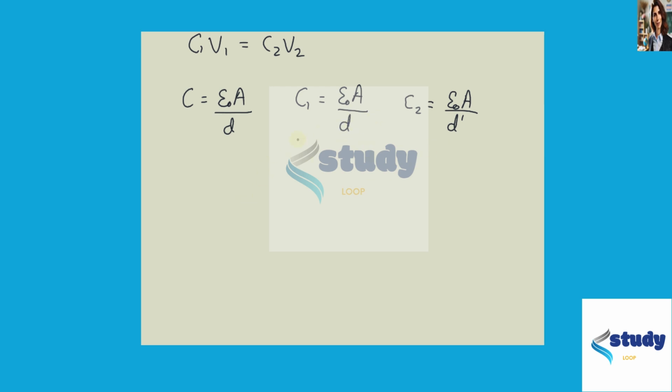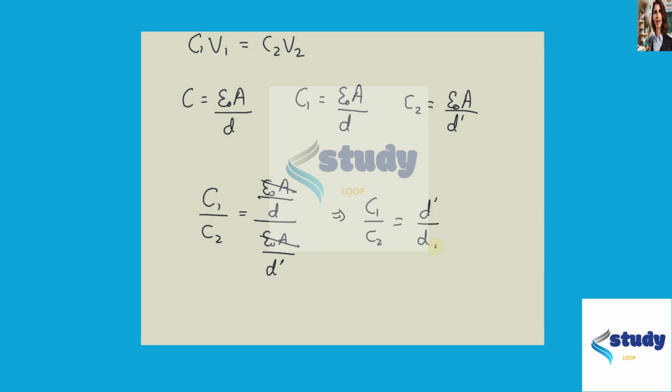Now I can take the ratio: C1 by C2 is epsilon naught A by D divided by epsilon naught A by D prime. The area remains the same, so this gets cancelled, and I get C1 by C2 equals D prime by D.